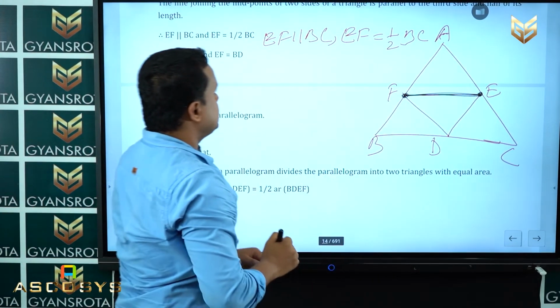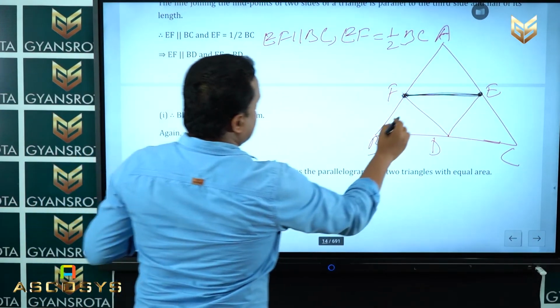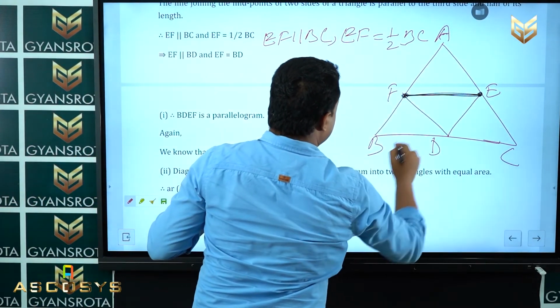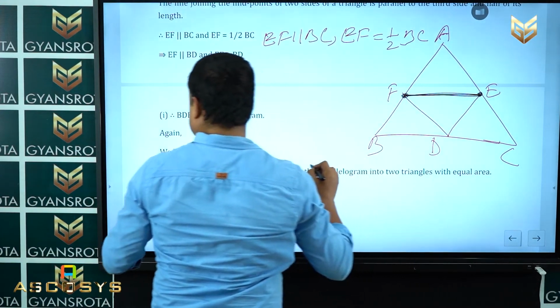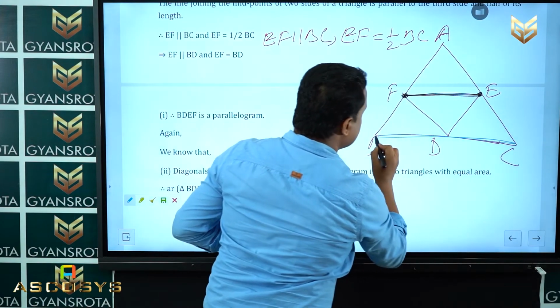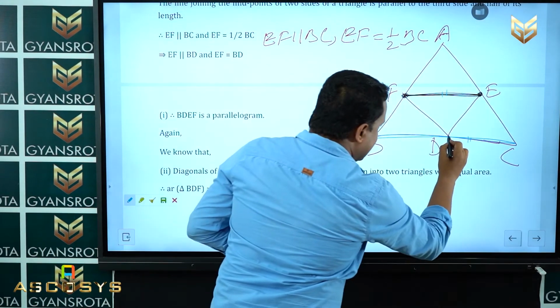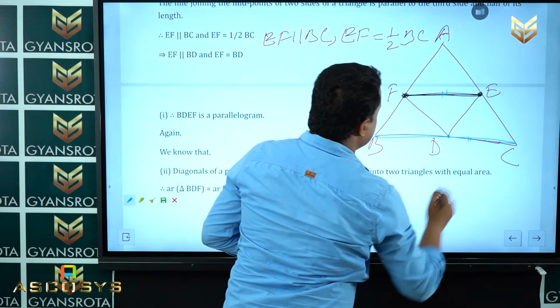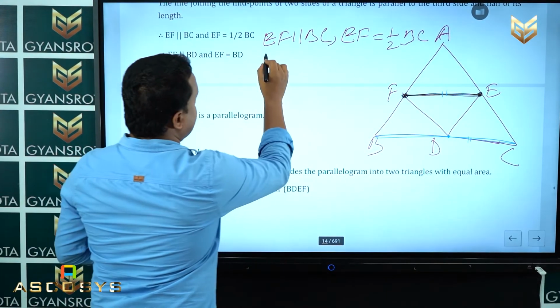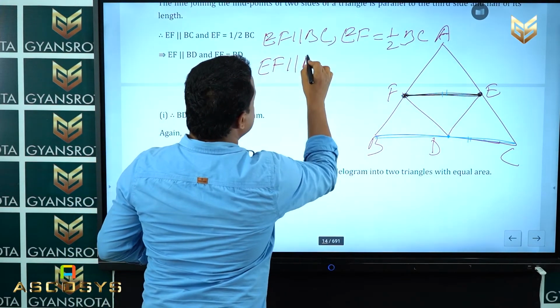Similarly, since EF is parallel to BC, this line is parallel to this line, and D is the midpoint of BC, we can write EF is parallel to BD.